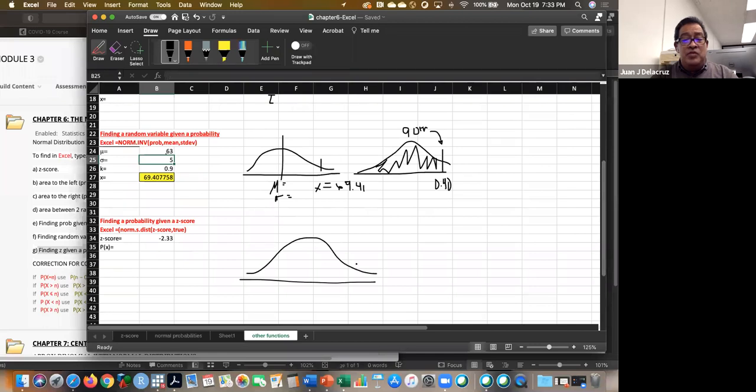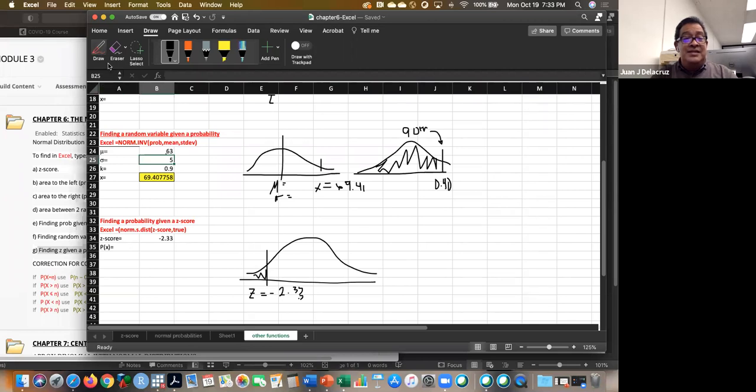So here we have a C score that is minus. So in this case, the C score is equal to minus 2.33. So the question is, what is the probability that lies here?